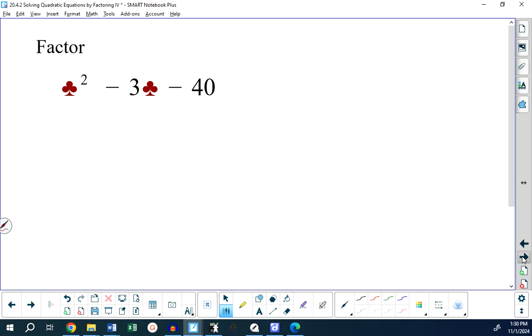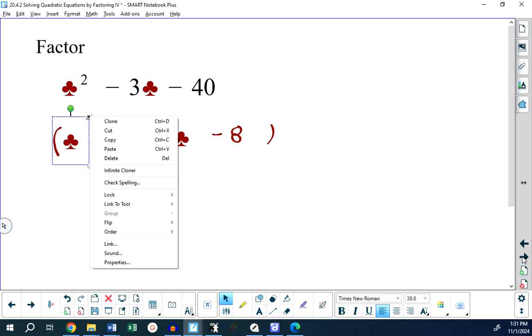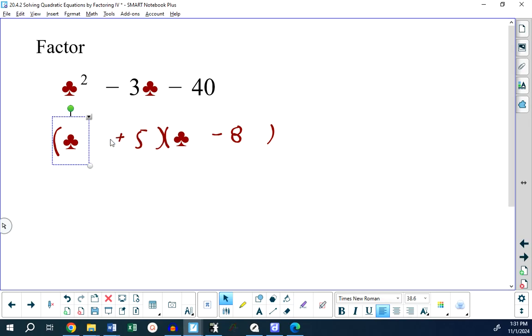Well, this would factor into that, correct? So whatever is being squared is just a variable that in the second term is not being squared, and in the third term doesn't even exist.